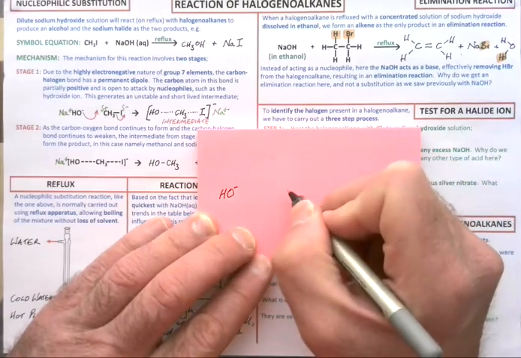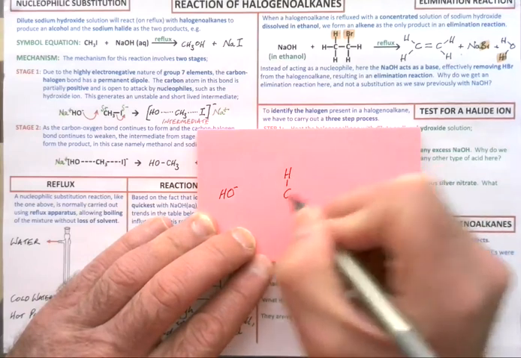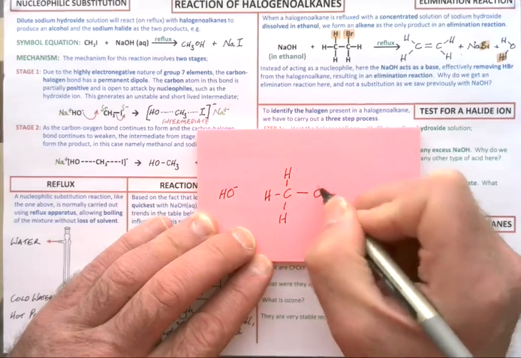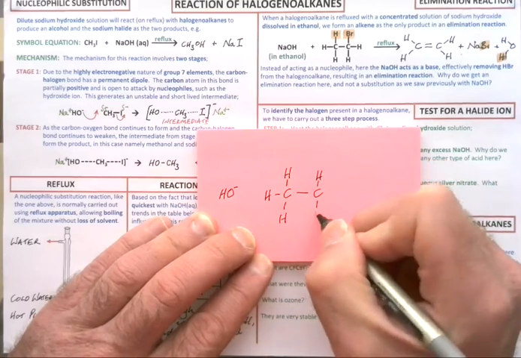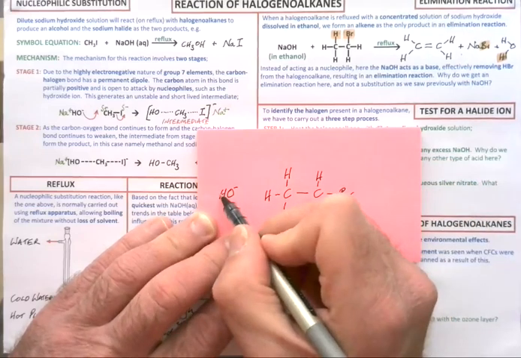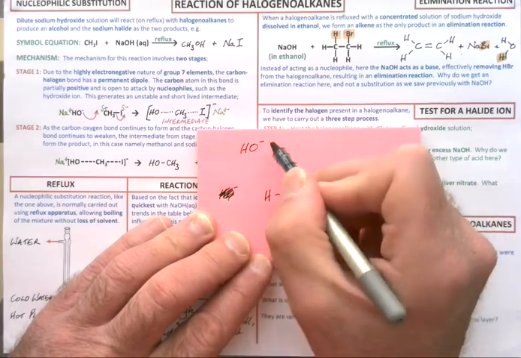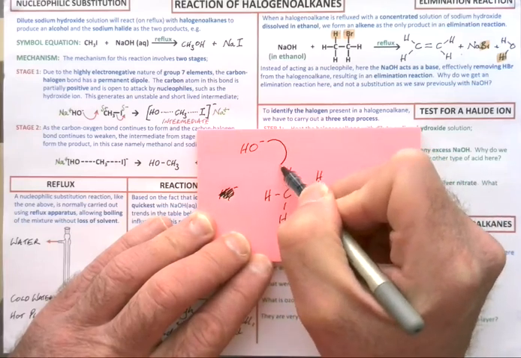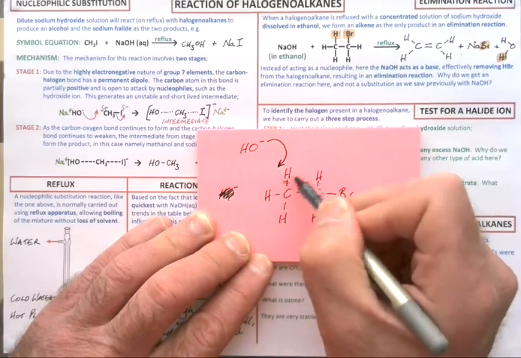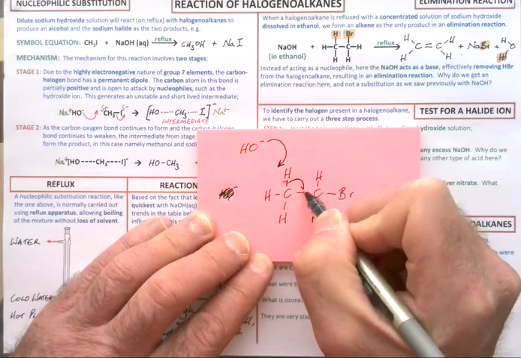So, if we draw a halogenoalkane here, I'm going to just show the hydroxide ion coming in from the top here. Now, because it's acting as a base, it'll pick a proton up. Take off that as a proton, as a H+. That will leave its electrons behind in here.